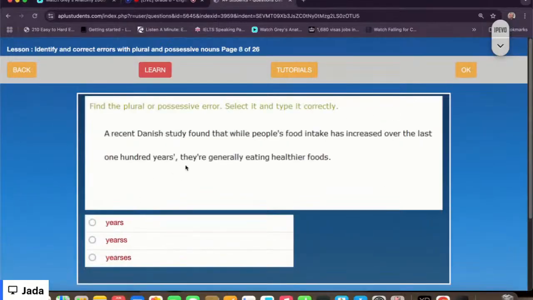So a recent Danish study found that while people's food intake has increased over the last 100 years, they are generally eating healthier food.